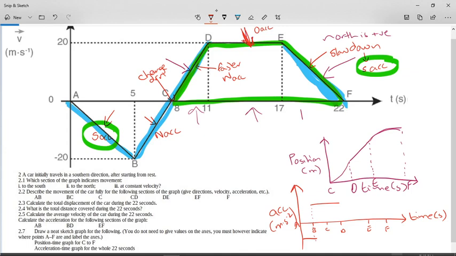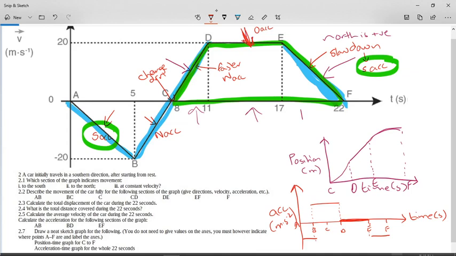Then from D to E, you stopped accelerating, so 0 acceleration. You're going to draw a line on top of your x-axis because that's where it's 0. And then finally from E to F, you started accelerating in a southerly direction again, and there you have a southerly acceleration, which is shown as being below the graph, and that is your whole acceleration time graph.